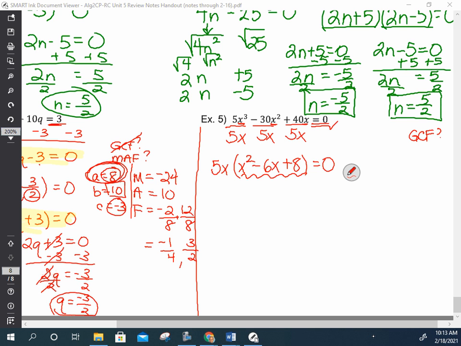Now we go inside parentheses. That's MAF, possibly. Possibly means you might have MAF working.